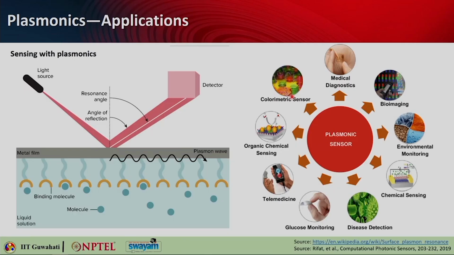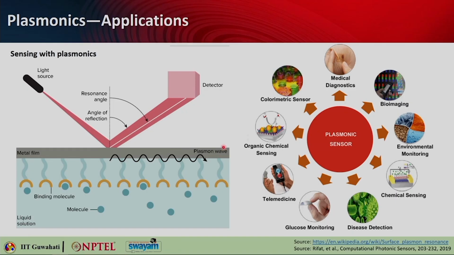Sensing is also done with plasmonics, not only localized surface plasmons. You can also use propagating surface plasmons or SPP based sensors. So you can think of different kinds of applications like glucose monitoring, disease detection, colorimetric sensors, medical diagnosis.